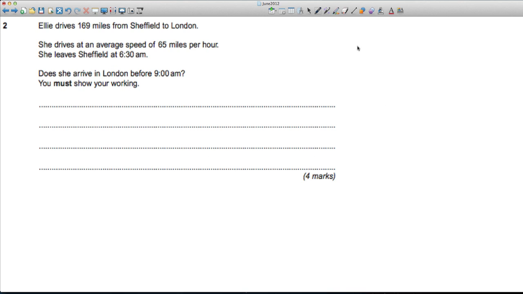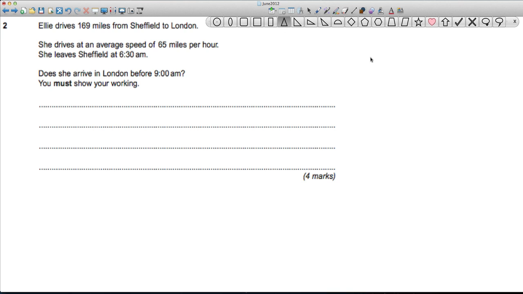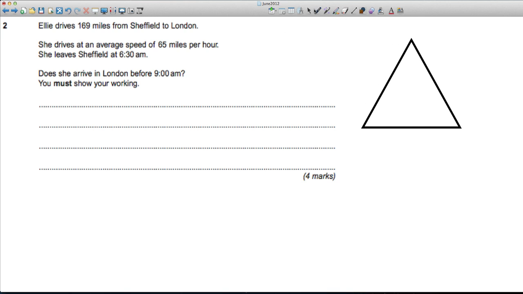Question 2. This is about average speed. You need to know a formula, which you probably do in science or physics. You should know that speed is equal to distance divided by time. If I don't remember the triangle, I know speed is distance over time.